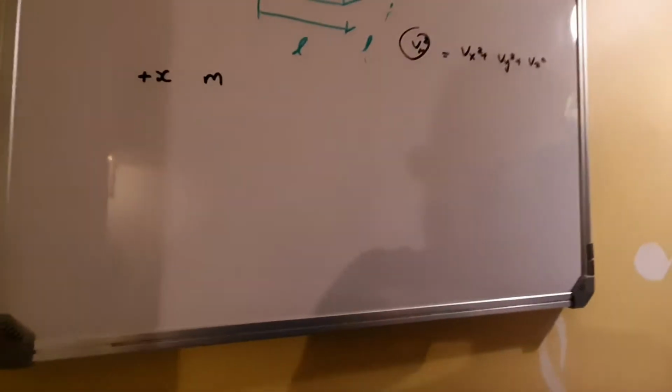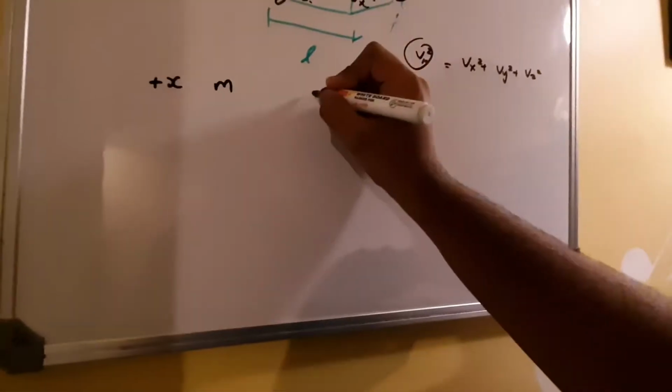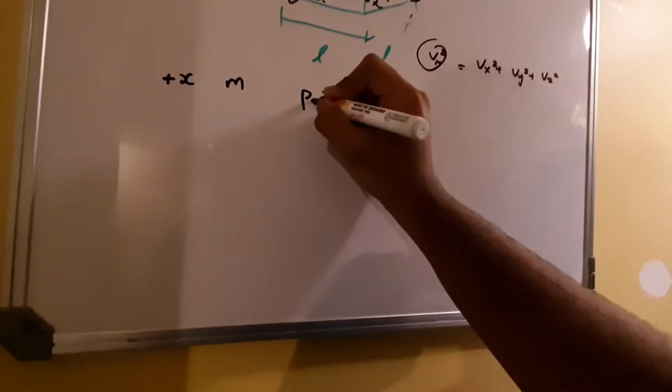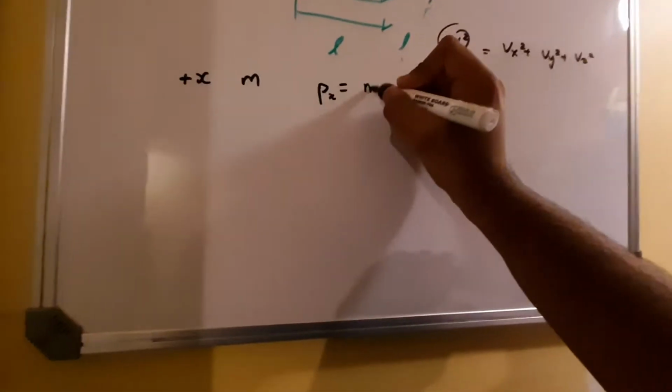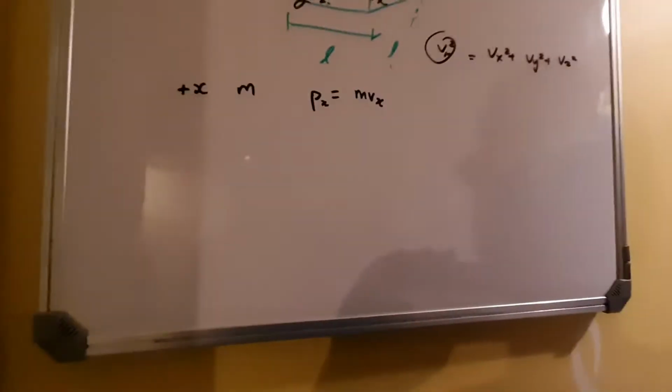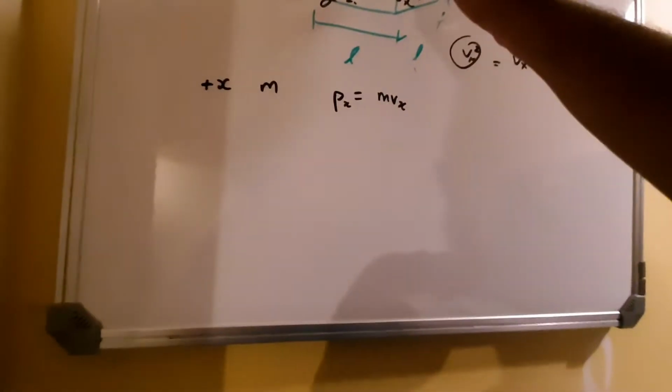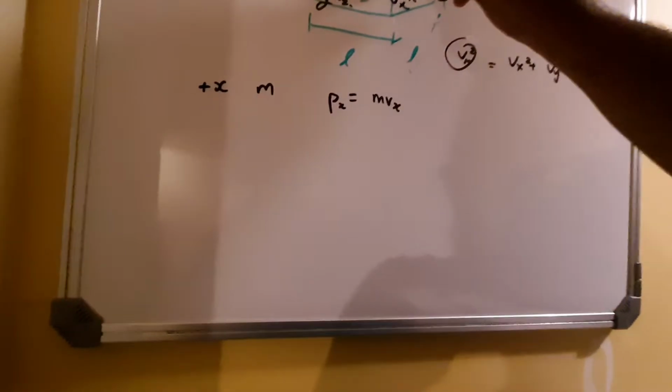Now the momentum possessed by the molecule as it moves in the positive x direction, that is p in the x direction, will be equal to m Vx. Now this is when a particle is moving in the x direction.